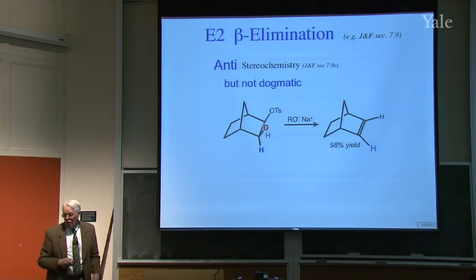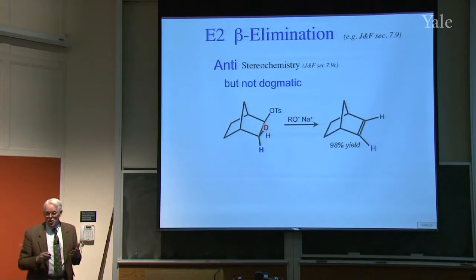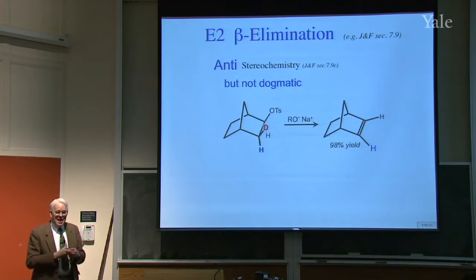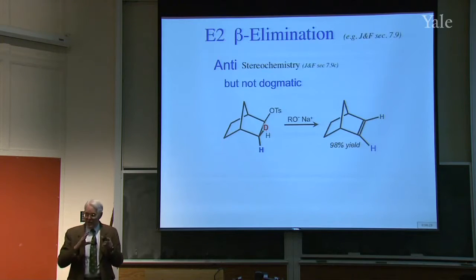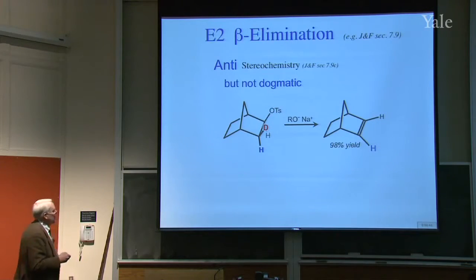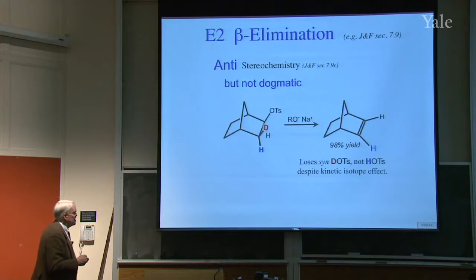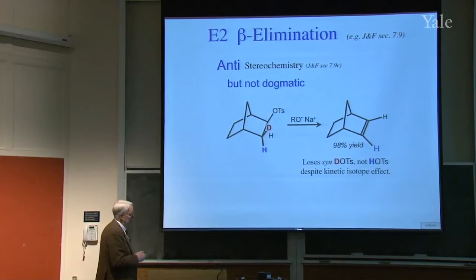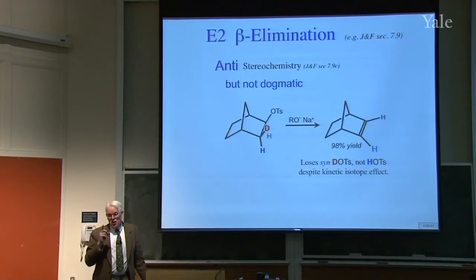Even though those two are required to be syn to one another, because again, this bicyclic framework, the same one used by Bartlett and Knox, that idea of holding things in place that way, doesn't allow conformational change around here. So these have to be syn to one another, right? So it loses DOTS, not HOTS, despite the kinetic isotope effect.